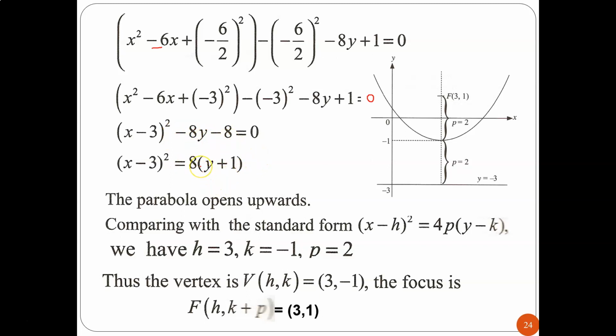So I have it like this. Okay, so this is the standard form that we usually use.